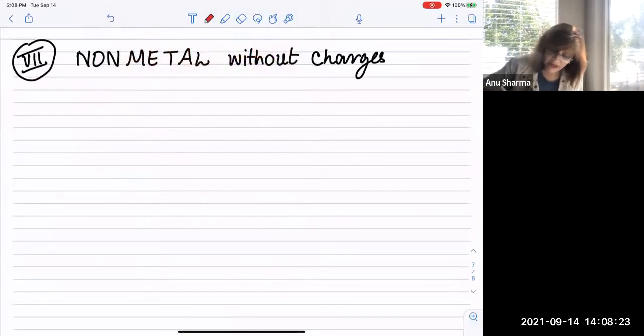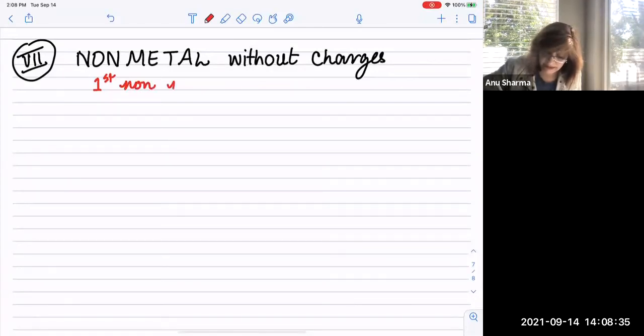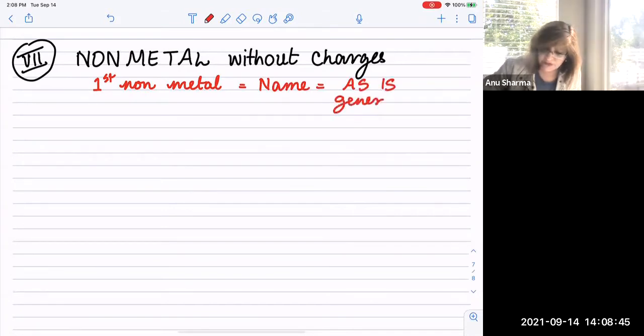In that case, we use the following. For the first non-metal, the name generally remains as it is, although there are always exceptions.